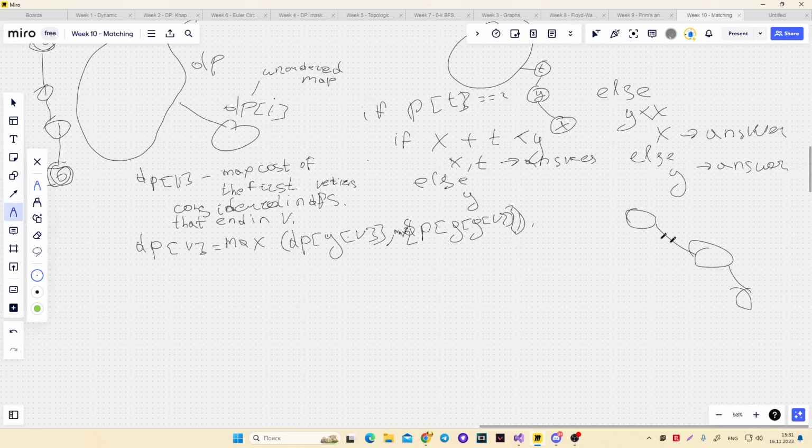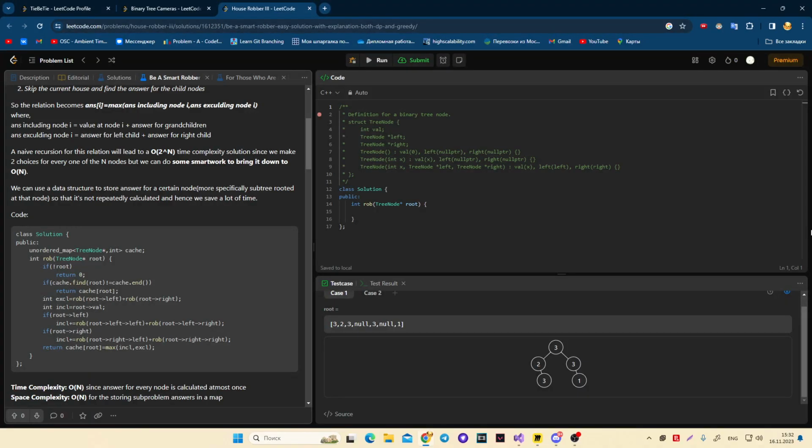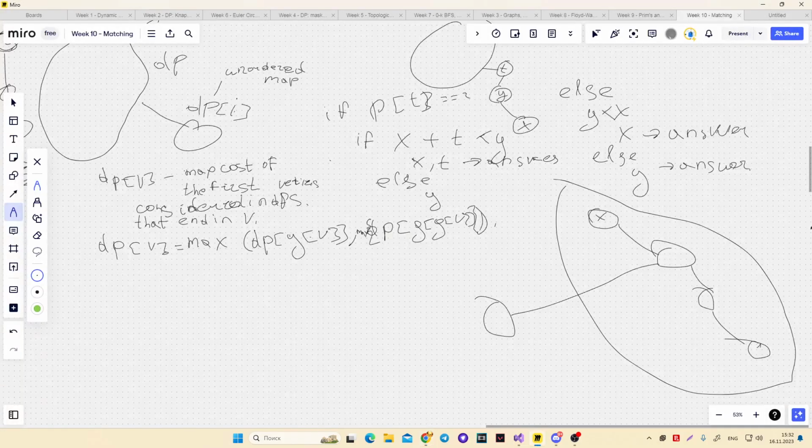If we consider already this graph, then we consider this edge, we get that this solution does not work, but the idea is correct.